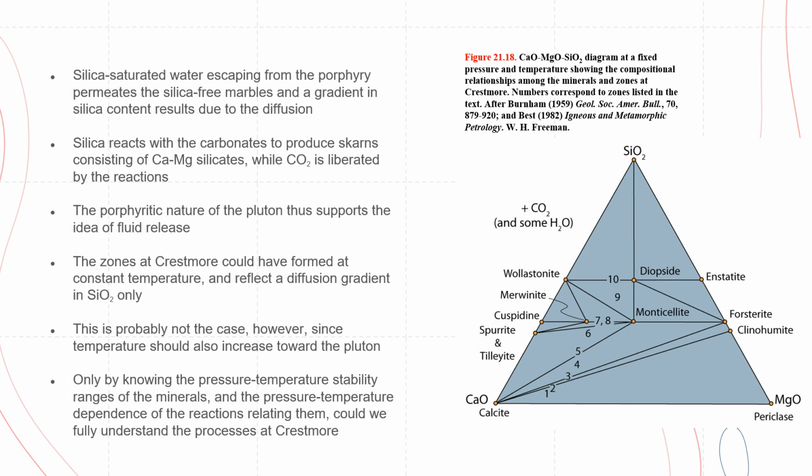What's happening here is that silica-saturated water escapes the porphyry, which permeates the silica-free marbles, and a gradient in silica content results in diffusion. The silica reacts with the carbonates to produce skarn, consisting of calcium magnesium silicates, while CO2 is liberated by the reactions.